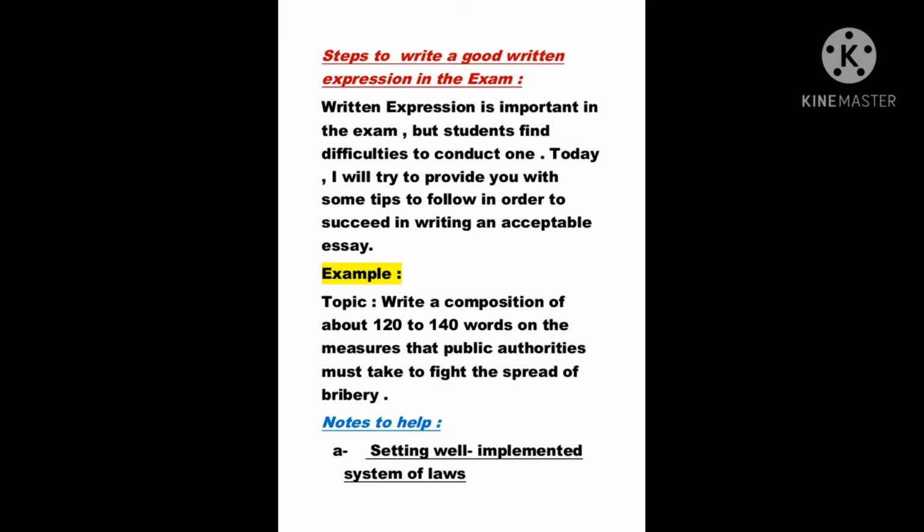Write a composition of about 120 to 140 words on the measures that public authorities must take to fight the spread of bribery. Okay, so this is the body of my topic, to write a composition of measures that the government or the public authorities must take to stop or to fight the spread of bribery, which is unethical behavior, bribery.